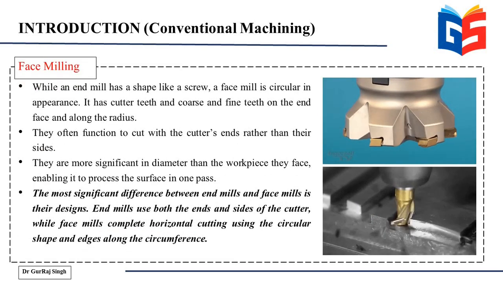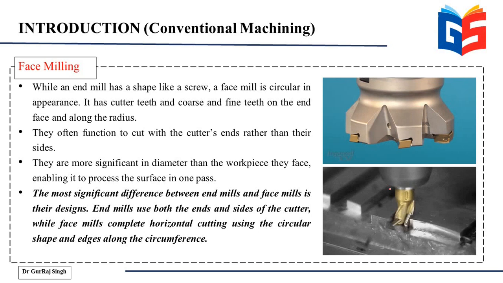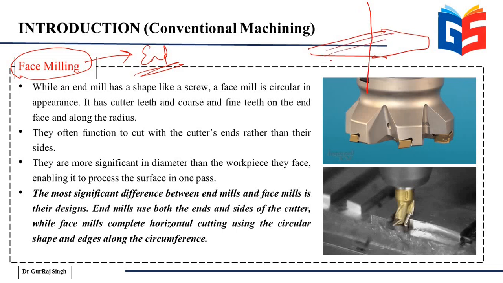Now, after learning about end and peripheral milling, there's a third term that is called face milling. Now, what is face milling? Face milling is similar to end milling. That means that the cutting tool rotational axis is perpendicular to the surface of the workpiece.